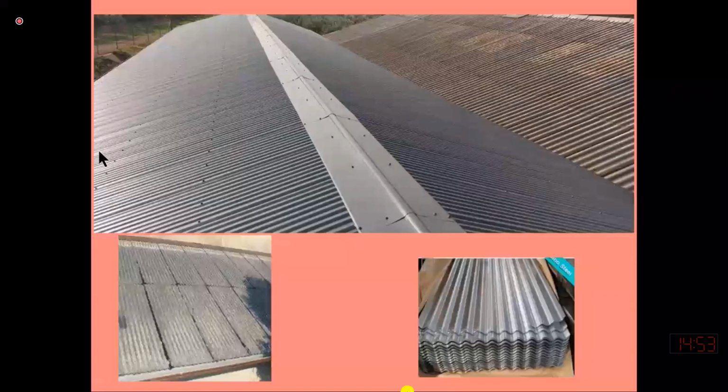Similarly, you can see that this is a sheet, and it is also surrounded by sheets from the sides, from the top, and from the bottom. So if we have the total width of the sheet and the total length of the sheet, the space actually covered by one sheet will be less than the total area of the sheet. Why?